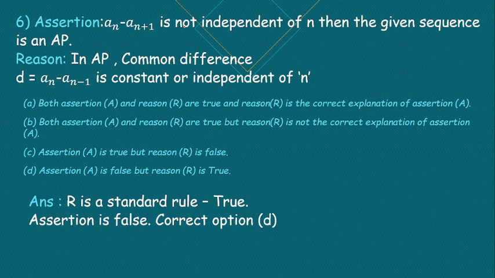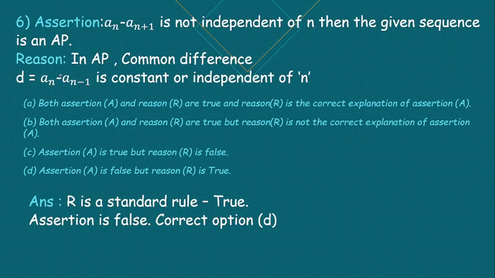Reason: if an minus an plus 1 is not independent of n, then the given sequence is an AP. In an AP, the common difference is a constant or independent of n. Generally, constant means it will be independent of the variable only.